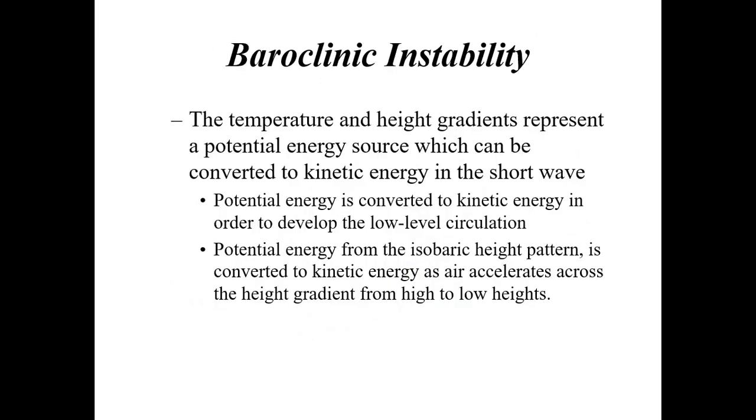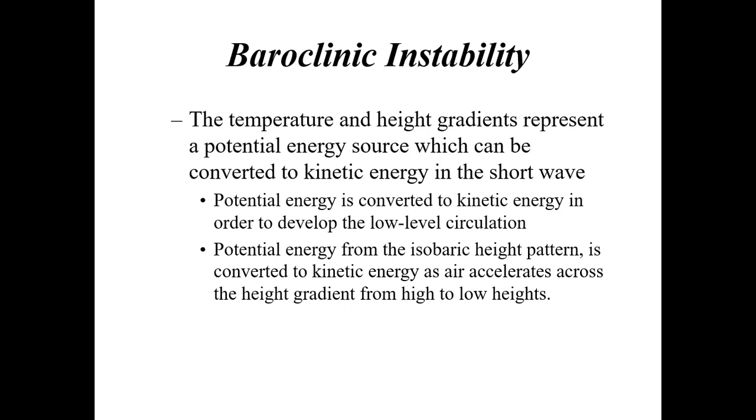So with baroclinic instability, you get this temperature gradient, you start to get amplification where your height gradient is going to represent the potential energy source, which then is converted to the energy of motion, kinetic energy, in the shortwave. That potential energy is converted to kinetic energy in order to develop that low-level circulation, or that spinning motion.